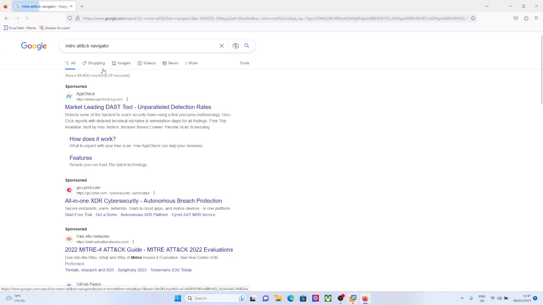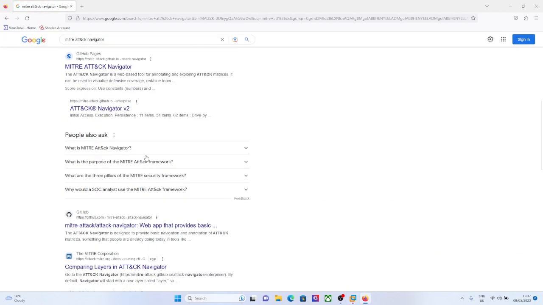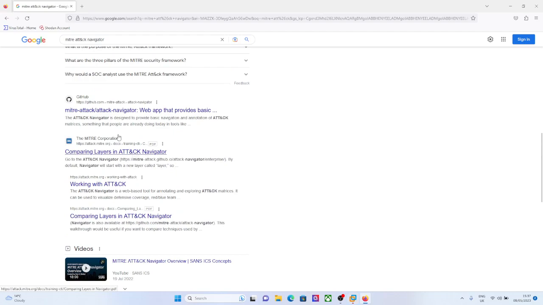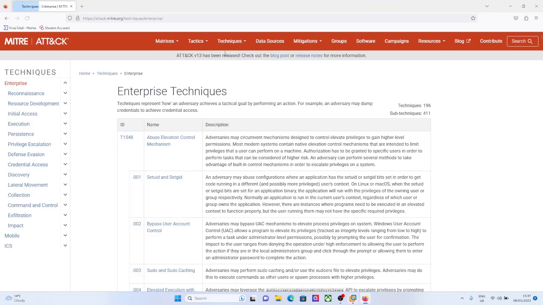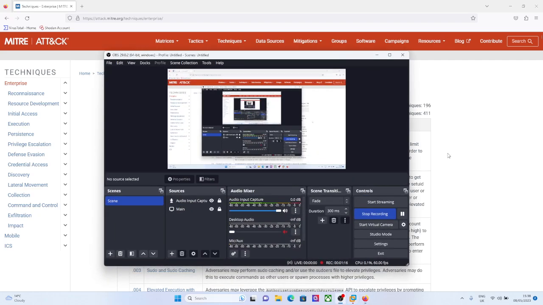When you see any mentions of MITRE ATT&CK, probably people will be talking about enterprise MITRE ATT&CK, like here. But there are also mobile and ICS MITRE ATT&CK, but most of the time when they say MITRE ATT&CK, people will be referring to enterprise.